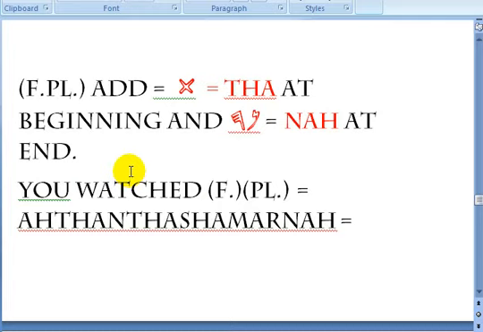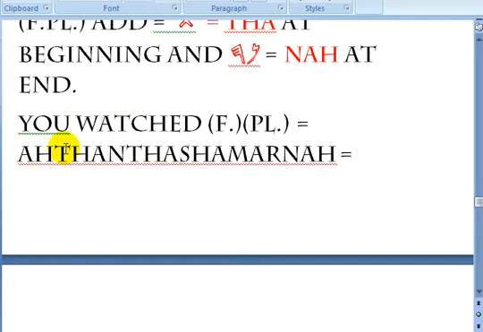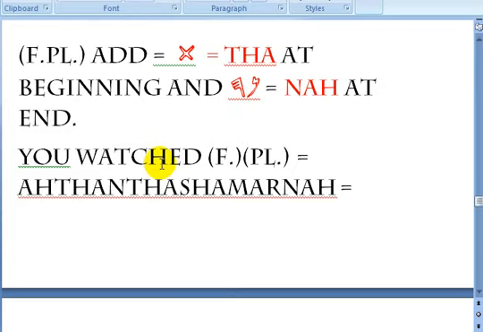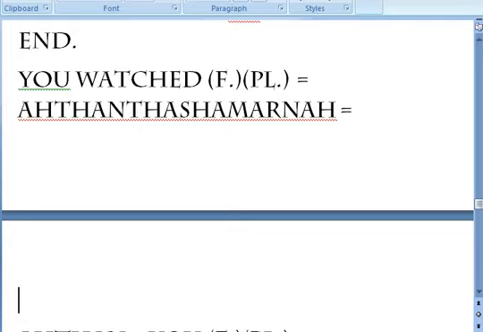Alright? For instance, before I go into it, a brother had asked me about the word shamar in the last lesson, or actually the first lesson that we did on the present tense. Matter of fact, I'll make a quick point, then I'll go back to that. The word shamar is the way you say watch, right?